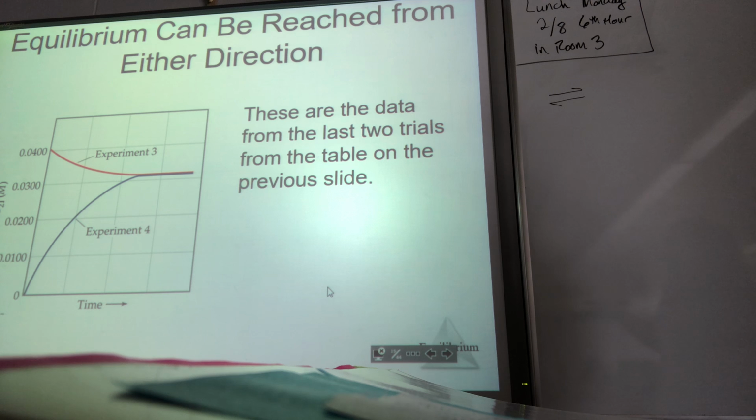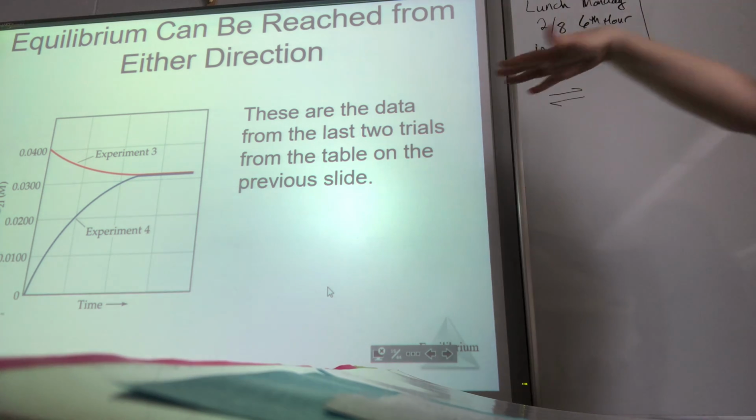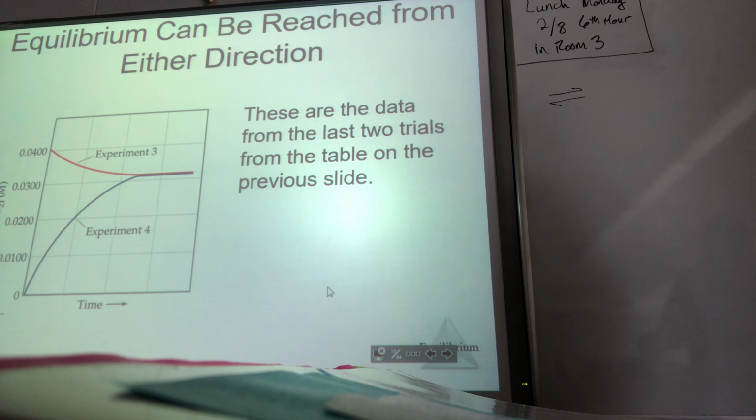This is a little bit different, but if we look at experimental data, it's going to show us that no matter which direction we approach from, if we start with the same amount, we're going to end up at some equilibrium value. And that equilibrium value is going to be determined by how much of whatever you started with existed at the beginning.